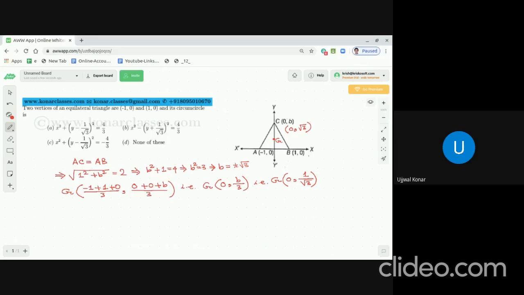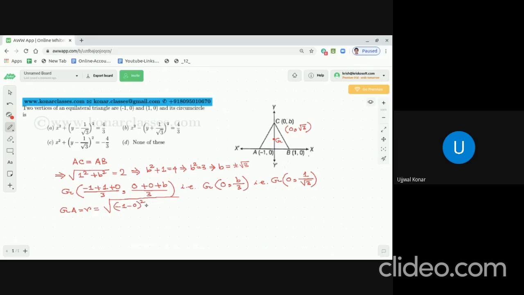Let's find the value of, suppose, GA. If we find the value of GA, that becomes the radius of the circle, right? So that is equal to the square root of (0 minus (-1)) whole square plus (1 by root 3 minus 0) whole square.